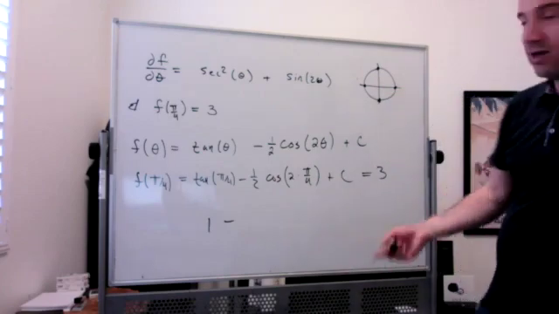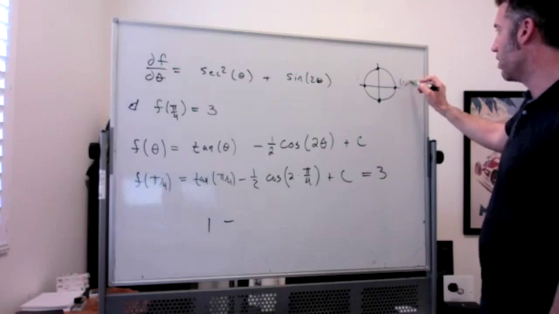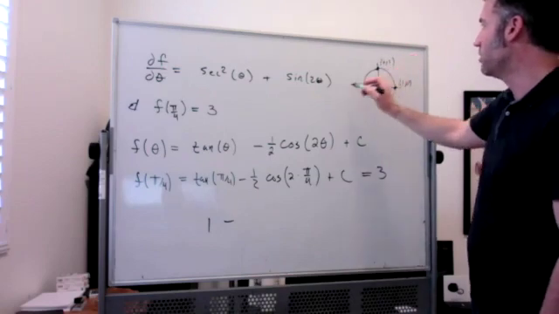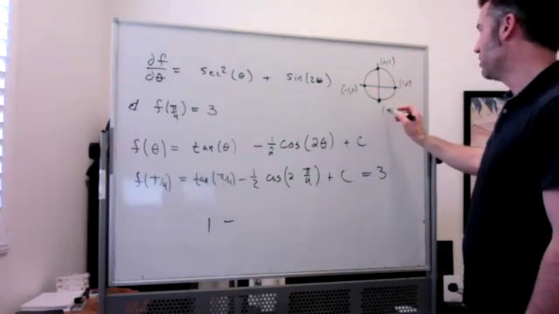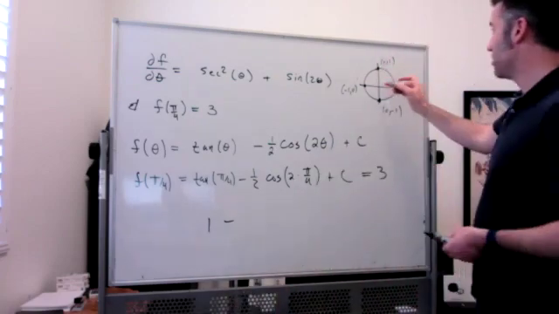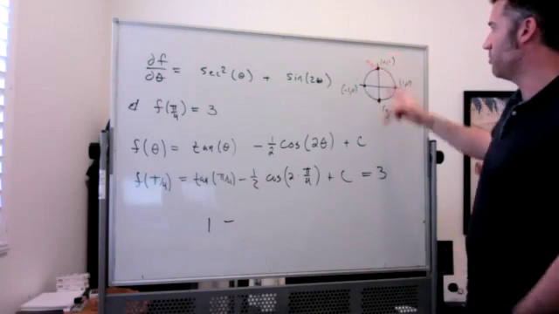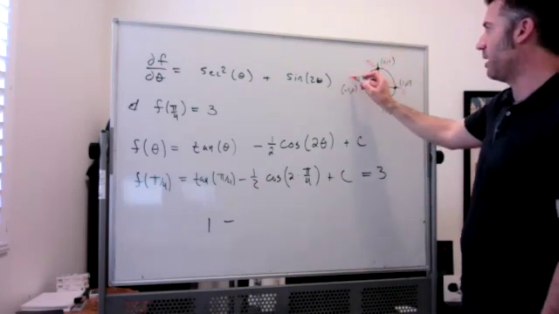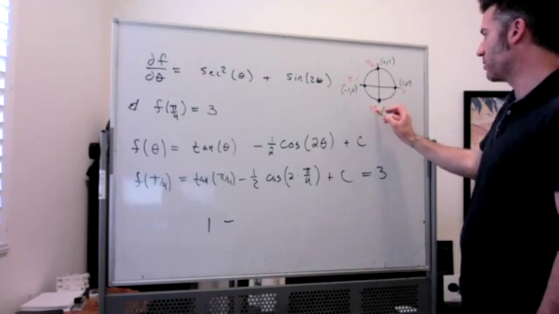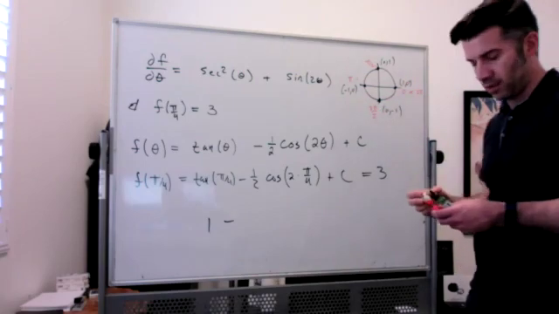So we've got these 4 points, and the coordinates are (1, 0), (0, 1), (-1, 0), (0, -1). And the angles are 0 radians on the positive x-axis, pi over 2 on the positive y-axis, pi, 3 pi over 2, and then all the way around is also 2 pi.